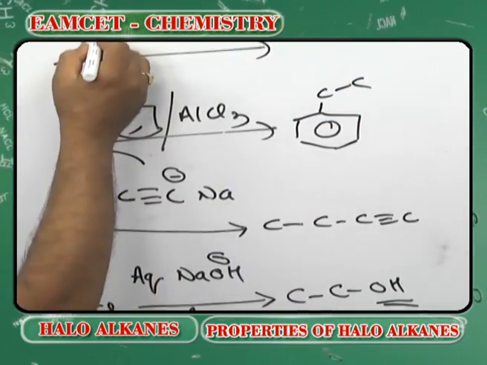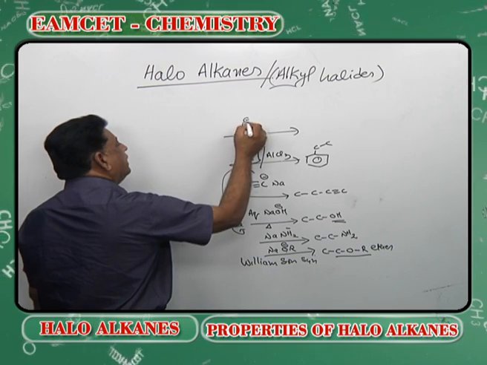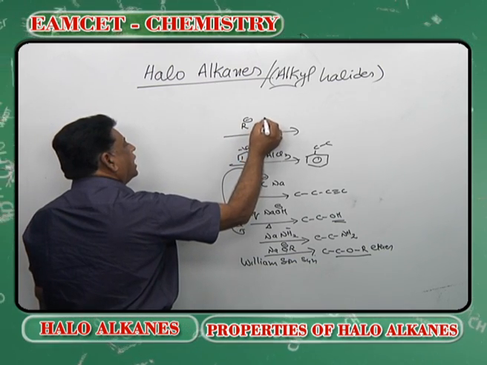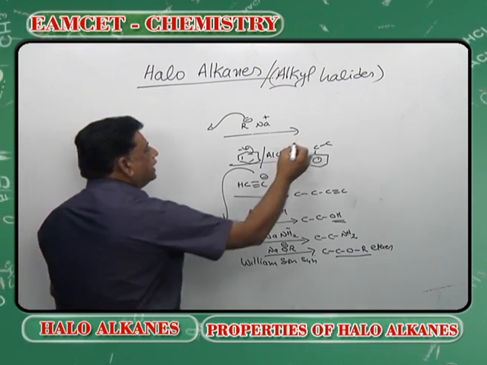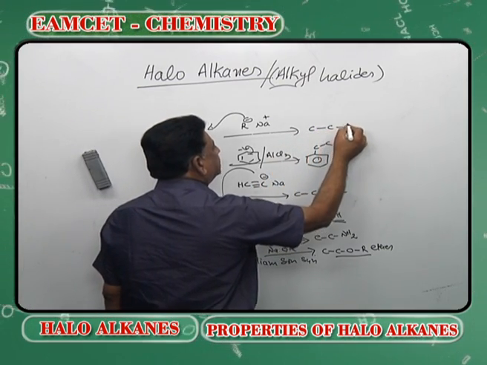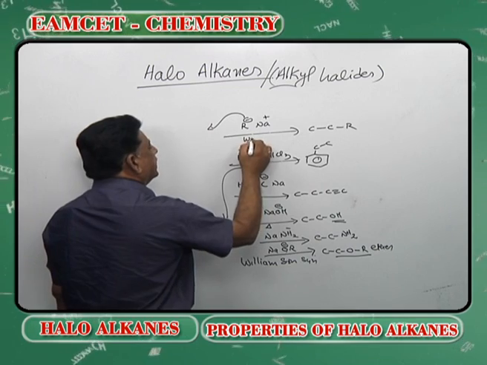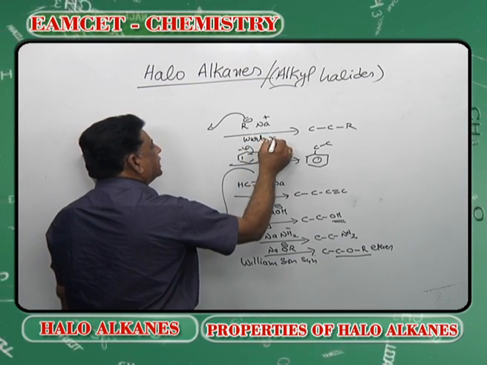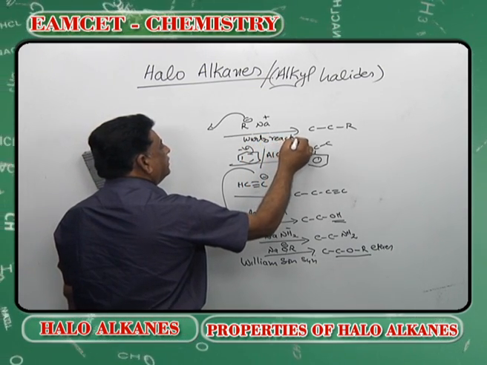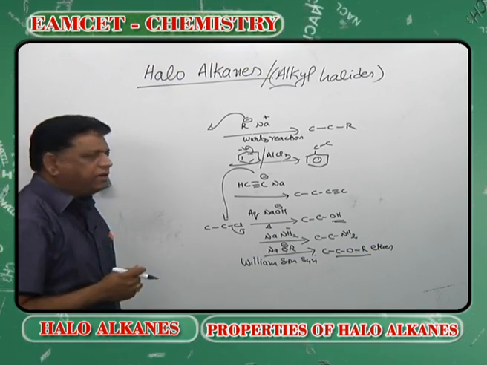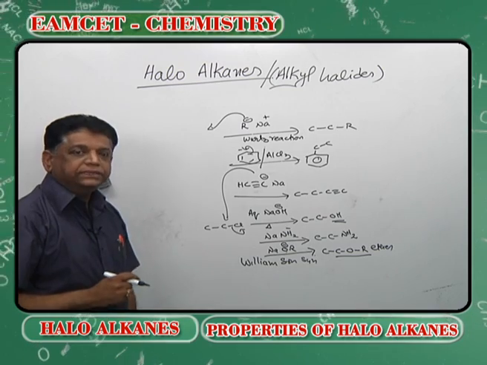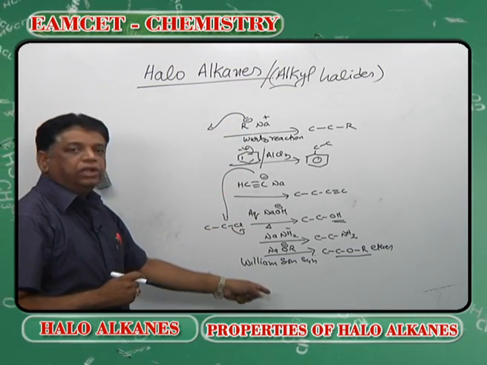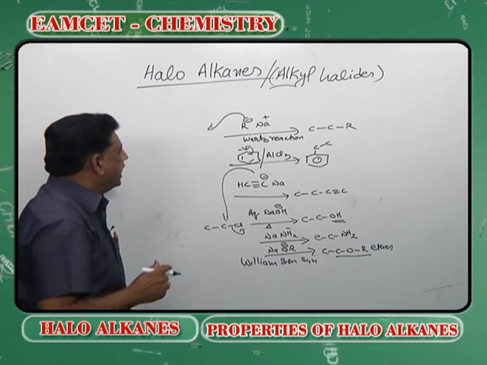If you take a sodium salt of R minus, R minus will react on this Cl and you are getting an alkyl plus R. This is nothing but the Wurtz reaction. In the Wurtz reaction, R minus replaces, and it so happens R minus is the best nucleophile of all the different types of anions.